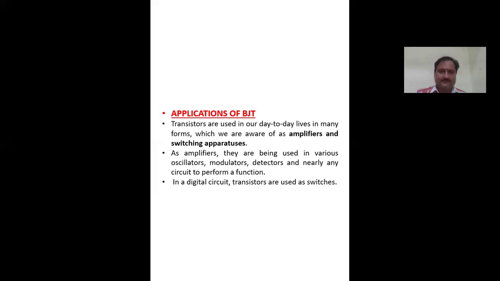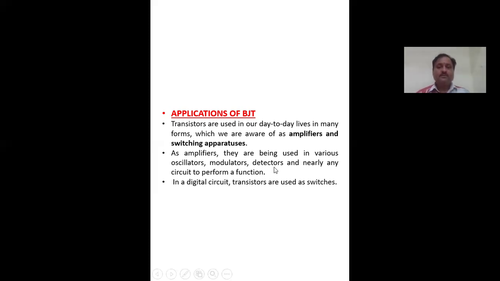And a switching device. Then amplifiers are being used in various oscillators. In the laboratories, we use function generators. Function generators generate signals or oscillations. Modulators in communication, in the last unit of intermediate, I think second year: communication, and that modulation and demodulation. Demodulators are also called detectors.